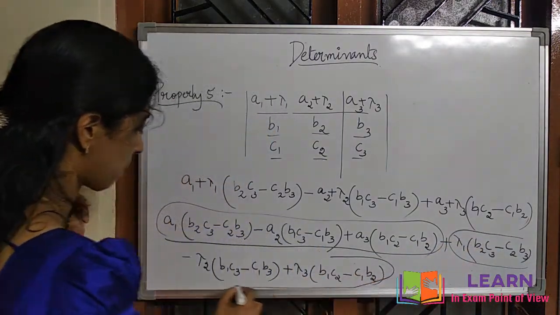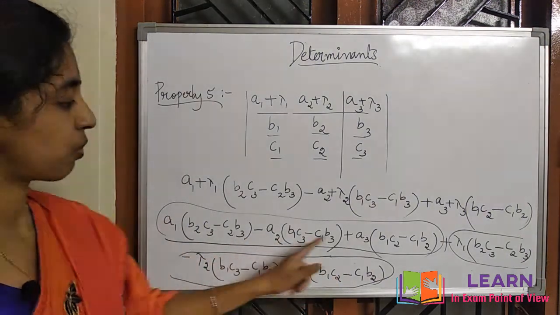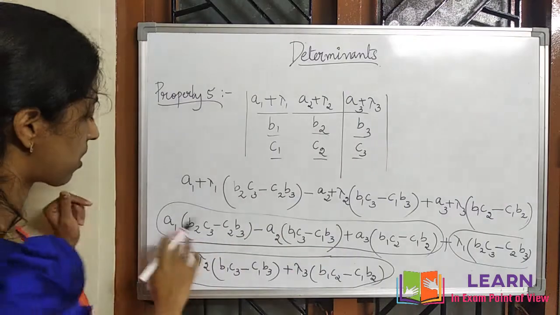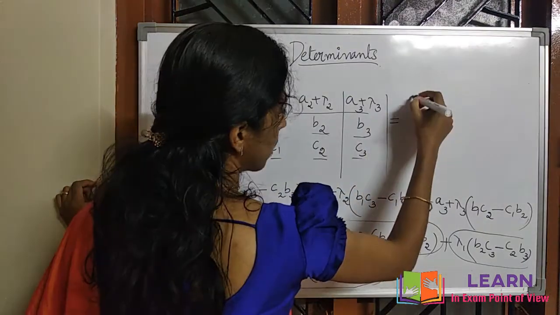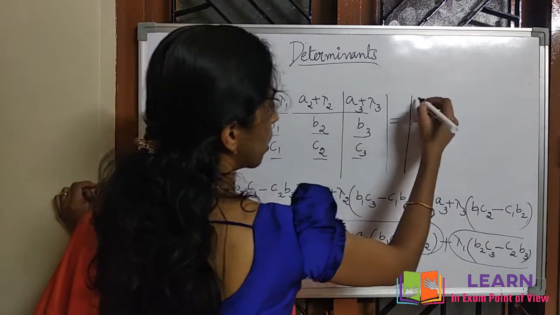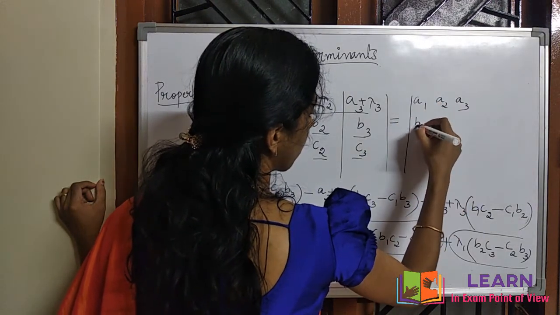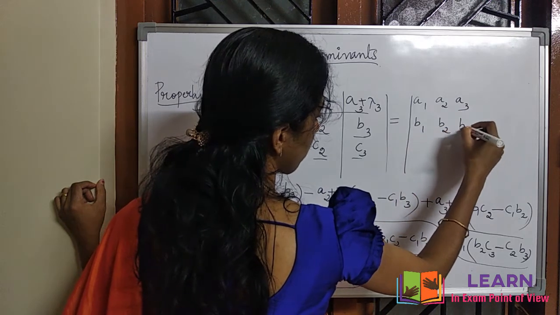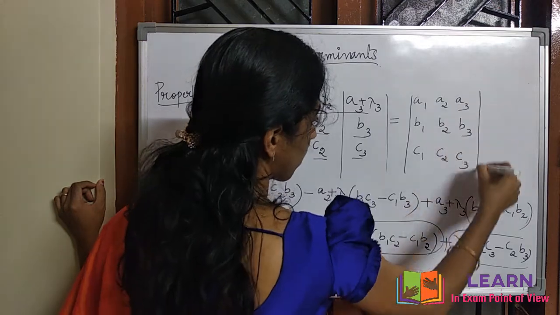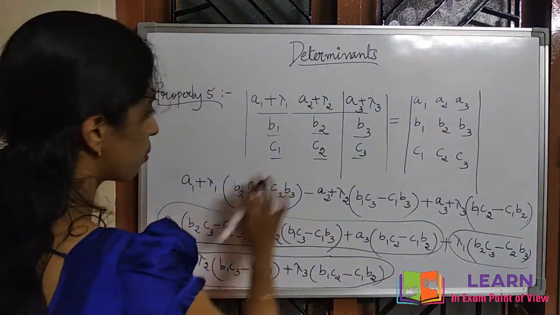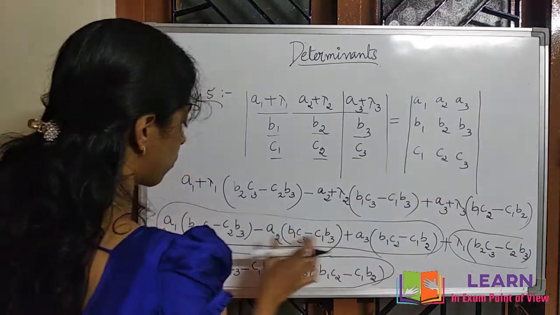Just look, how is it coming? A1, a2, a3 is the first row. It is an expansion of the determinant a1, a2, a3, b1, b2, b3, c1, c2, c3. That is a1 into b2 c3 minus c2 b3.